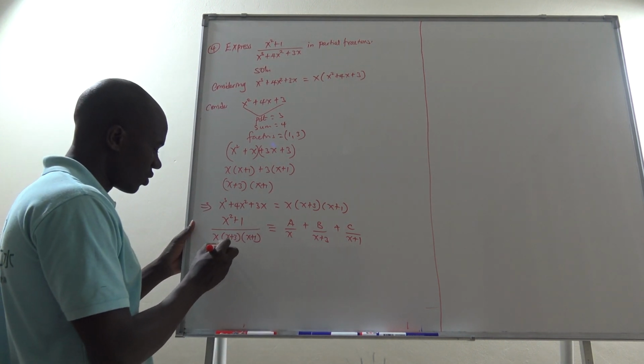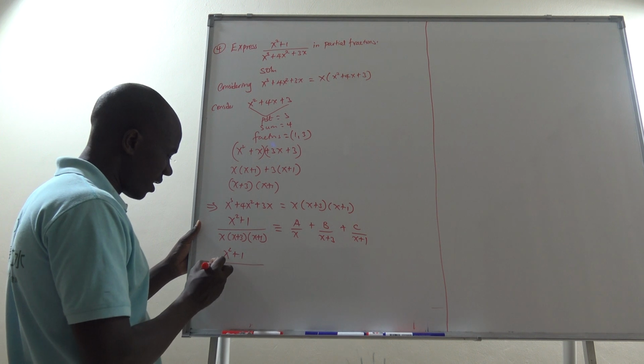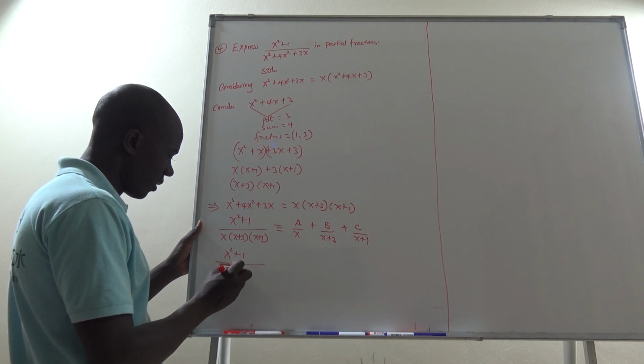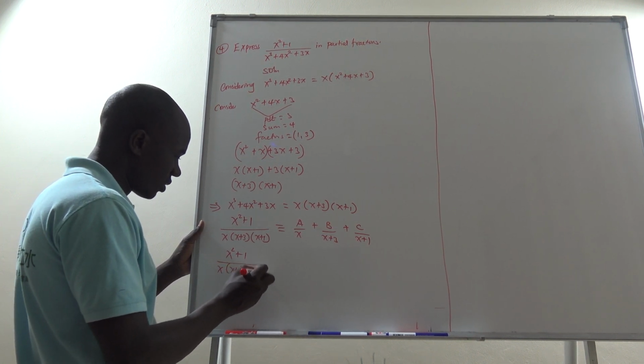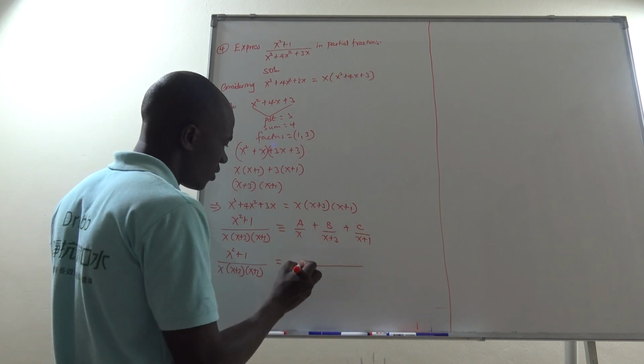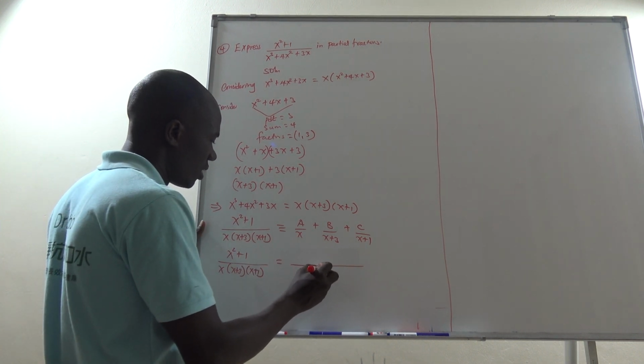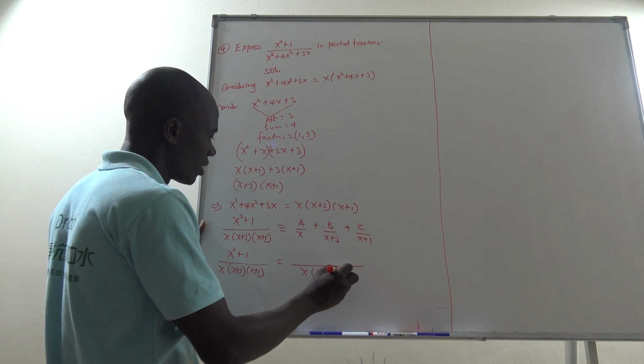So we are having x squared plus 1 all over x into (x plus 3) into (x plus 1) equals, the LCM is x into (x plus 3) into (x plus 1).